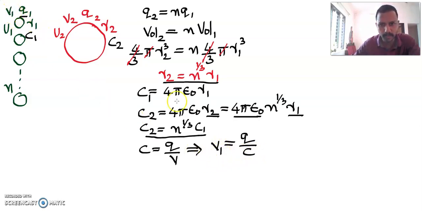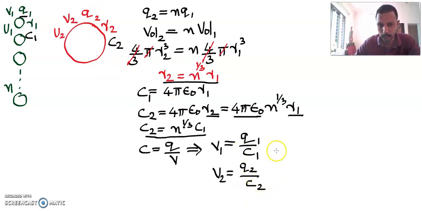If we take V1, it should be Q1 by C1. Clear? Potential of the smaller drop should be Q1 by C1. Then, likewise, I could write V2. V2 should be Q2 by C2. Is that clear? V2 should be the charge of the larger sphere divided by the capacitance of the larger sphere, Q2 by C2.